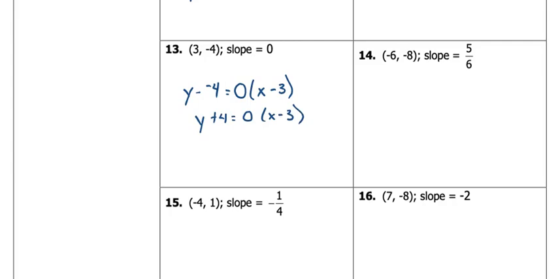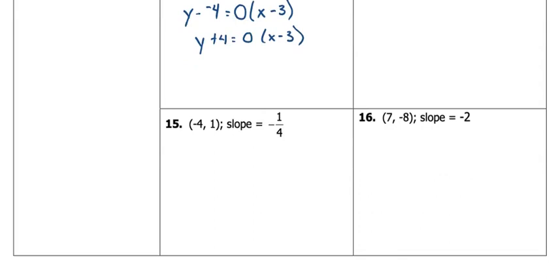And for number 15, I have y minus my y value of 1 equals negative 1/4 in parentheses x minus negative 4. Let's go ahead and turn that into simplified because I need minus and negative to be addition. So right now we're just practicing getting our equations set up in point slope form. The thing you have to really watch out for are the negatives.